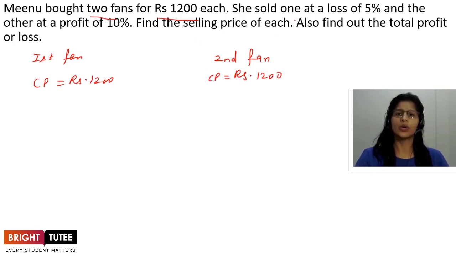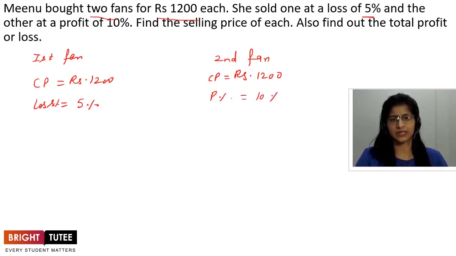What are they saying now? She sold one at a loss of 5% and the other at a profit of 10%. So let us suppose this is sold at a loss of 5%. Loss percent is 5% and here profit percent is 10%. Clear?